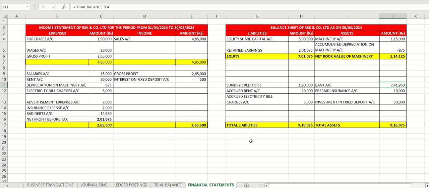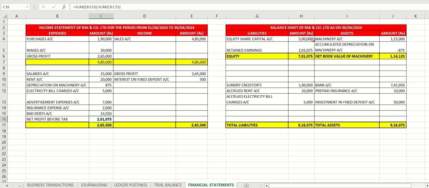If you take a look here, my gross profit is 2,65,000 after adjusting these amounts, and my net profit is 2,01,075. As you know, guys, this net profit will directly go to the owner's equity. This net profit is related to the owners, who are basically shareholders.